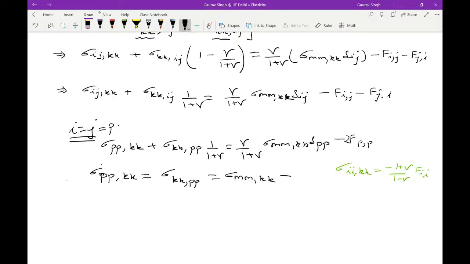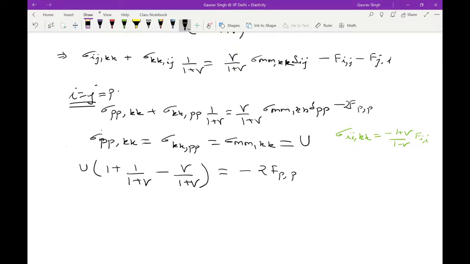So let me just call it u. So u into 1 plus 1 by 1 plus nu minus nu by 1 plus nu is equal to minus 2 times f p comma p.